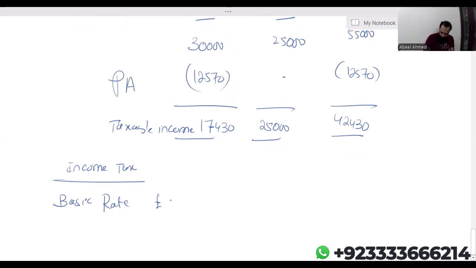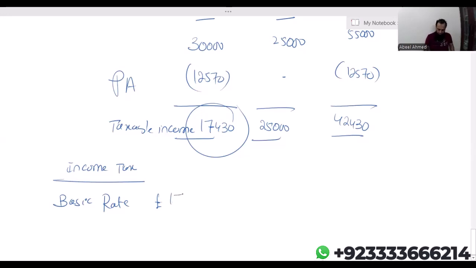Basic rate. Now listen carefully. The taxable income in the column of non-saving is just 17,430. So obviously, on the entire 17,430, we will apply the tax rate 20%.